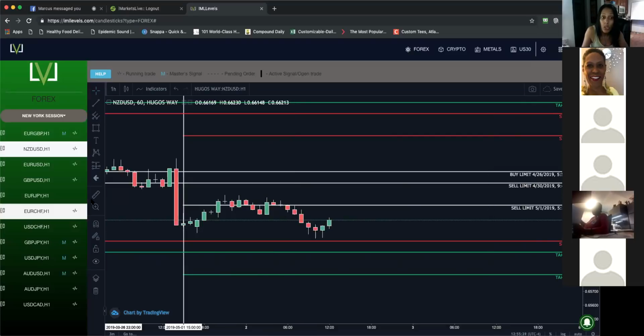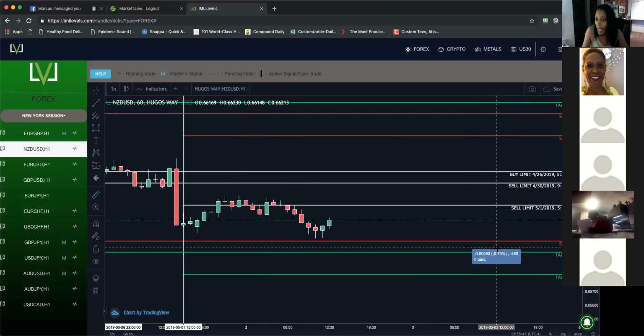If you're confused or not sure, measure it. You can use this little measure right here. Take the sale limit line down and go 50 pips. If you go down 50 pips, that is the take profit for that particular sale limit. But let's keep in mind, we're not taking a sale limit order from 430 at this moment.